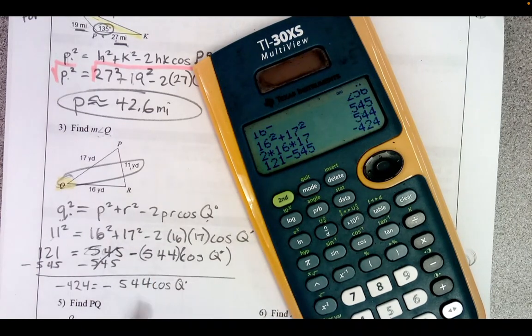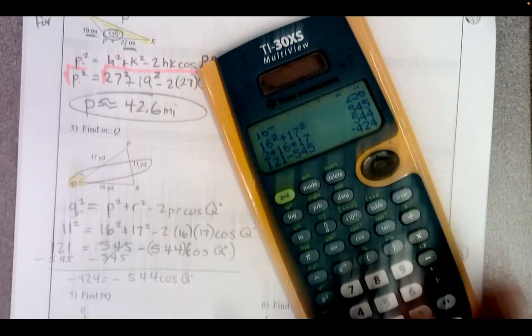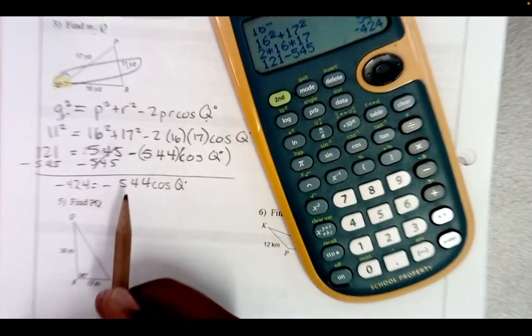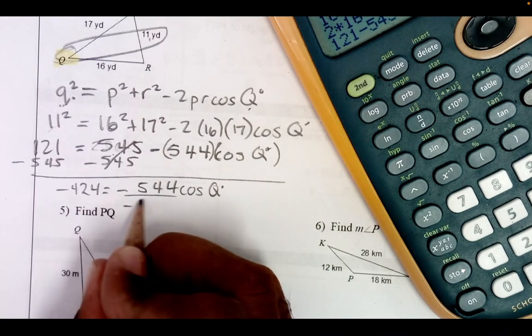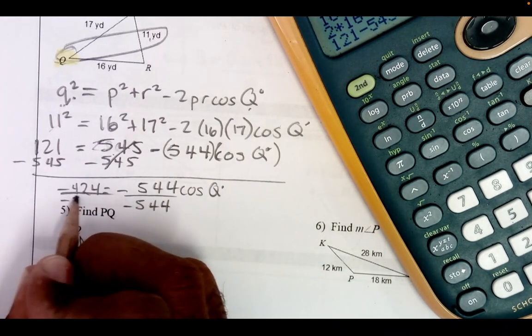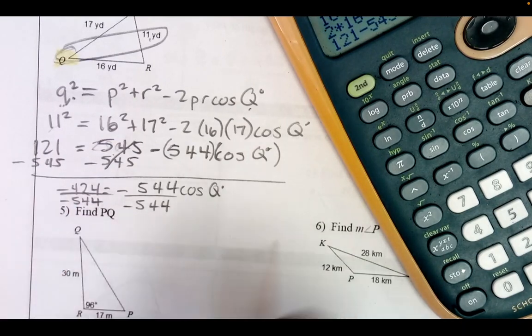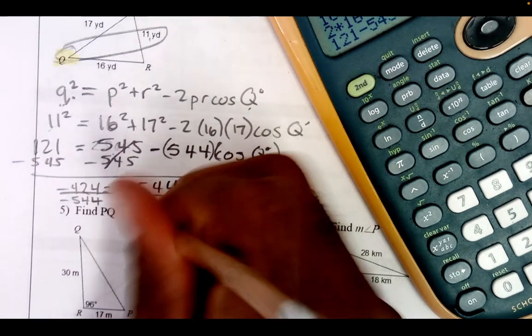In order to get rid of this negative 544, since it's being multiplied, I have to divide. So I divide it to both sides. And this helps me cancel out that negative. And pretty much every time you do this step, you should be dividing two negatives. If you're not dividing two negatives, something's wrong.